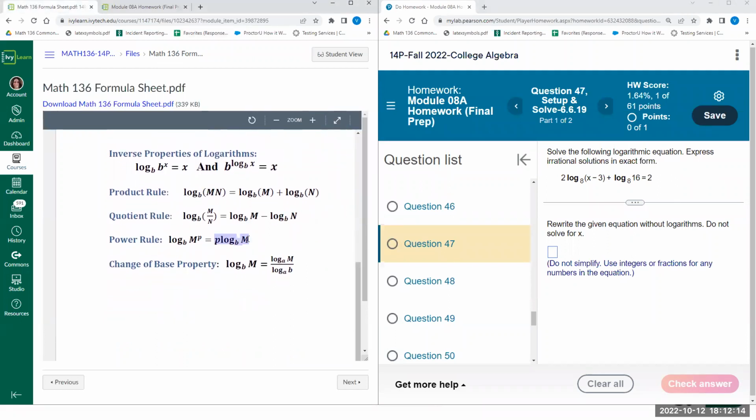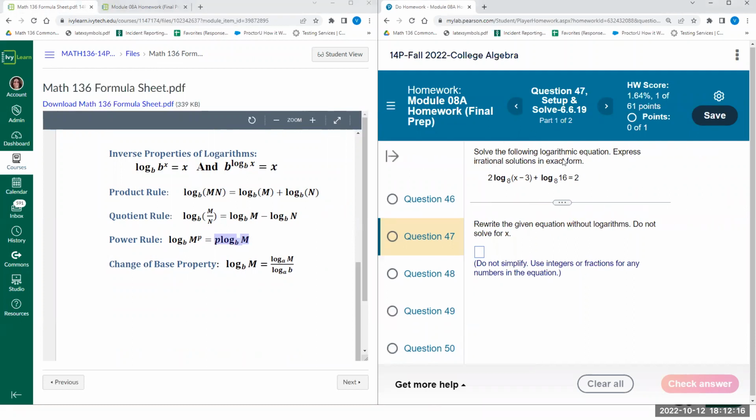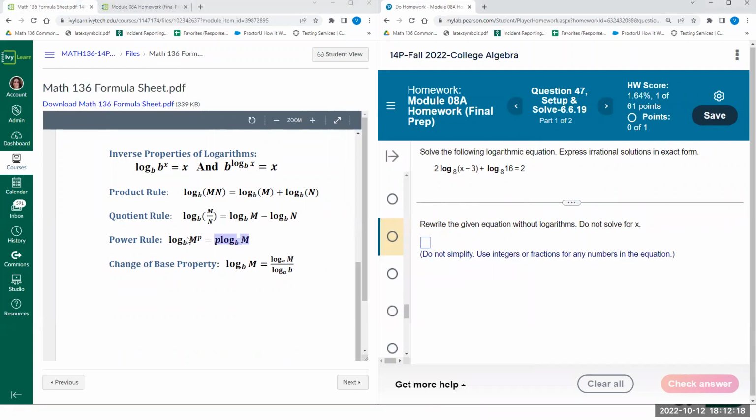So I'm starting with something being multiplied by a log, and the power rule says that that multiple can go and become a power on what's inside of the log. So the 2 is becoming the power. So we have log base 8 of x minus 3 squared plus log base 8 of 16. And the equals 2 is fine. I'm just going to leave that there because I'm just trying to combine this left side into a single logarithm.